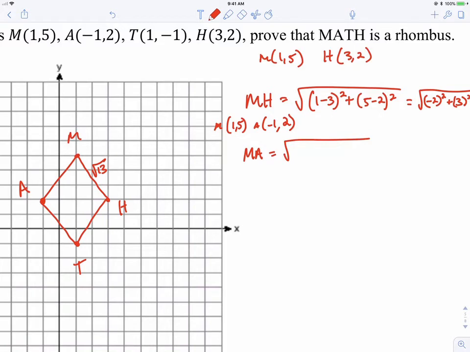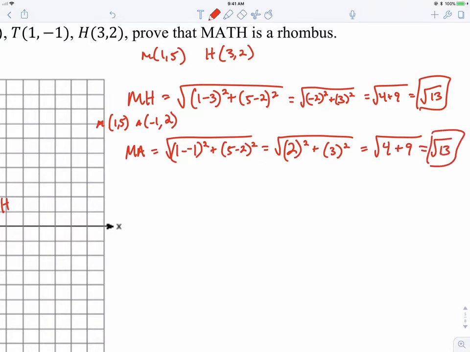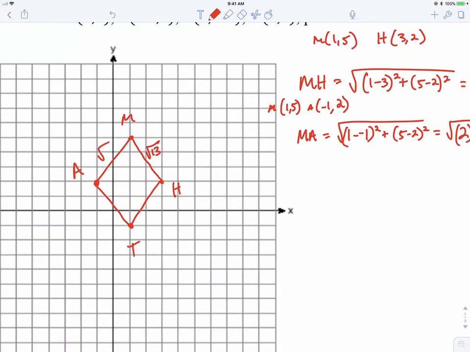Square root of x minus x, 1 minus negative 1 squared plus y minus y, 5 minus 2 squared equals the square root of 1 minus negative 1 is 1 plus 1. So that's going to be 2 squared plus 3 squared. That's going to work out to be the square root of 4 plus 9, which is the square root of 13. So MA is the square root of 13.